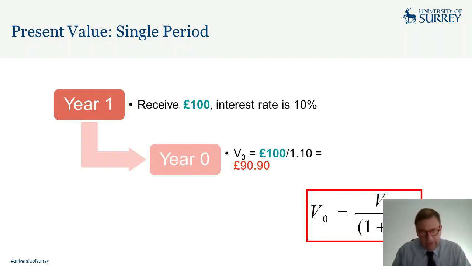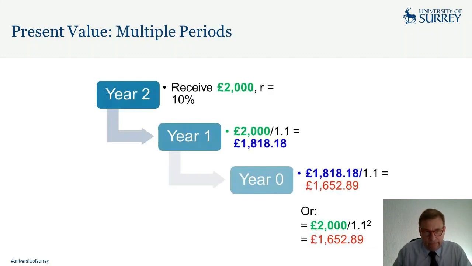Now let us jump in our acceleration and our desire to find more about discounting into multiple periods. Assume again, in year 2 we will receive £2,000 and we know the interest rate is 10%.